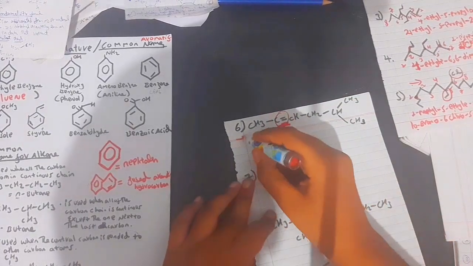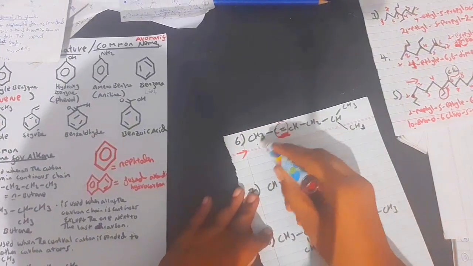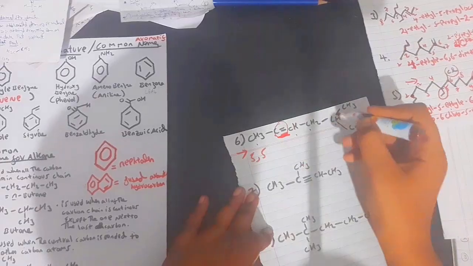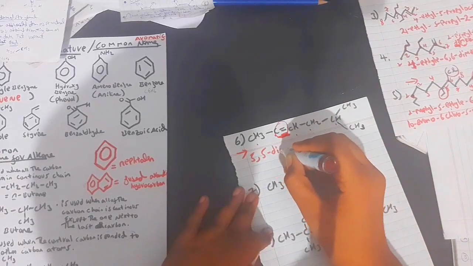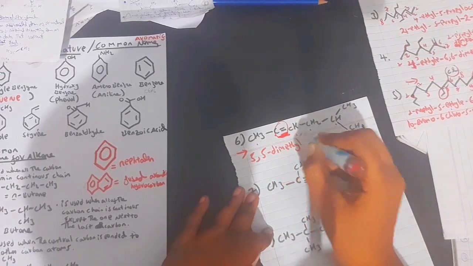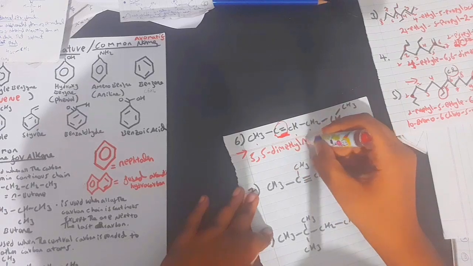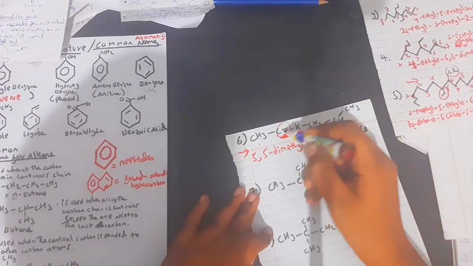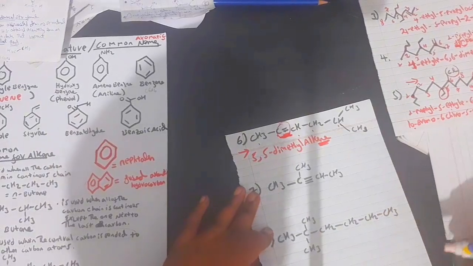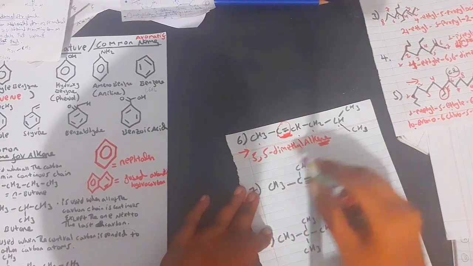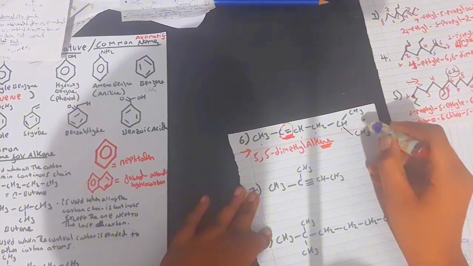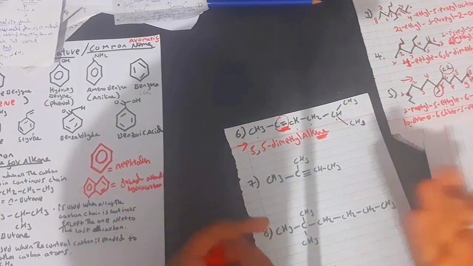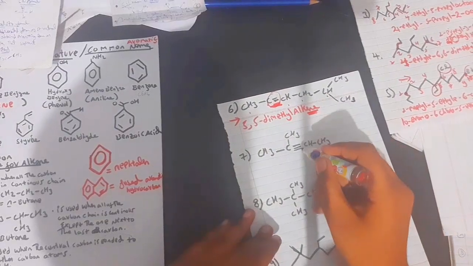So we're going to use this direction, which is 1, 2, 3, 4, 5. So there's a 5, dimethyl, alkene. If it was a triple bond, it's going to be alkyne. And if there was another substituent, which is a methyl group, it's going to be trimethyl, tetramethyl, and it goes on like that. And now let's look at this one.